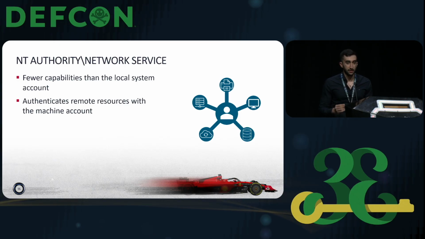It means that it doesn't have write access to most of the sensitive directories, registry keys, and processes on the machine. The purpose of this user is to have few privileges locally, but to be able to authenticate to remote machines. And it does that with the machine account. Now let's understand what this account is.